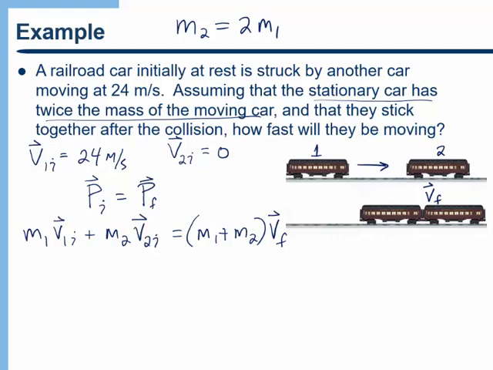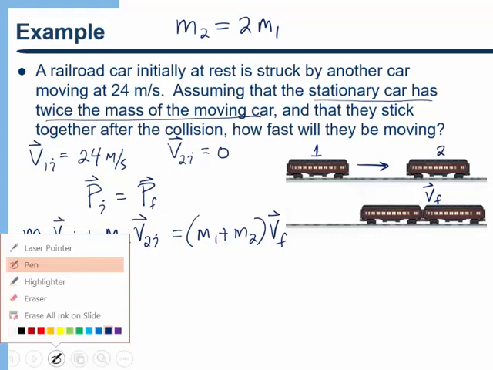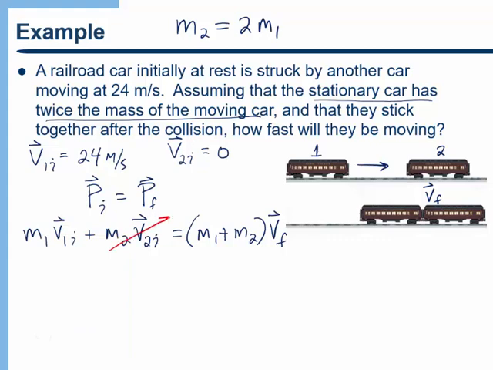We know it's going to be positive. So now I can go ahead and solve for v final. Probably makes sense to just go ahead and cancel out the momentum of object 2 before the collision since it's not moving, but it's nice to put it in there. And therefore I get that v final is equal to m1 v1 initial divided by m1 plus m2.